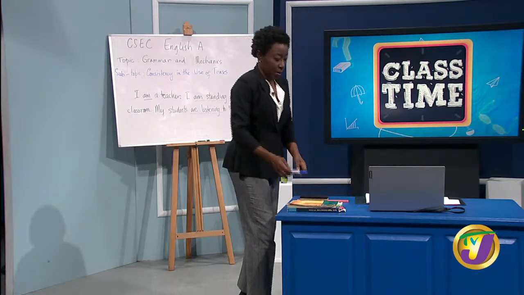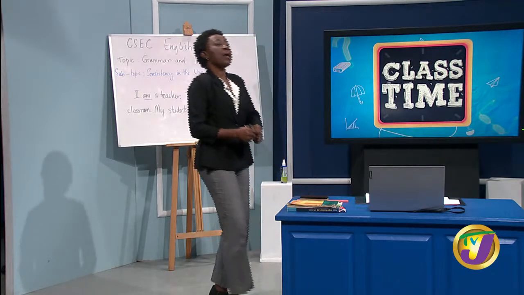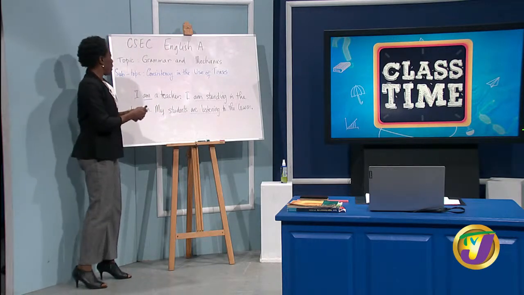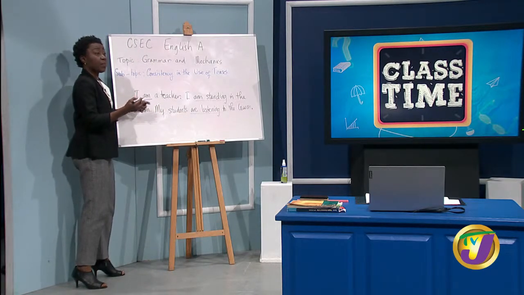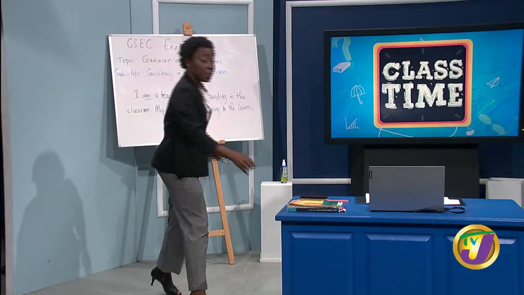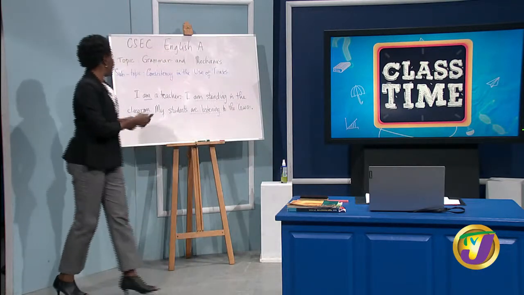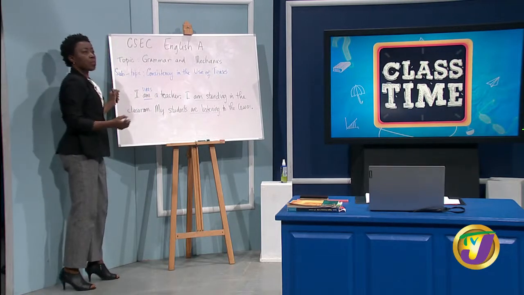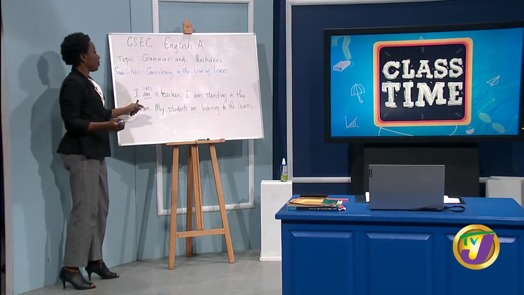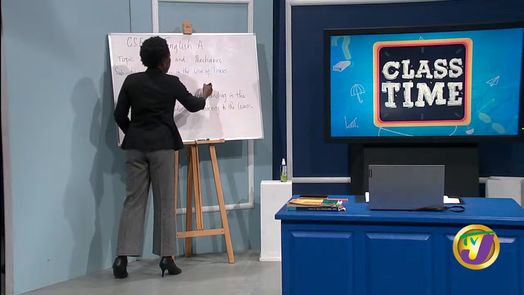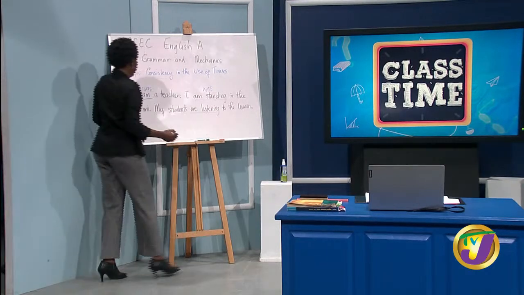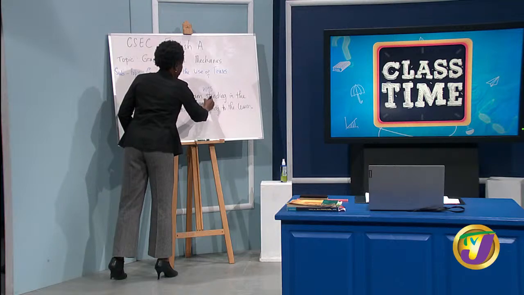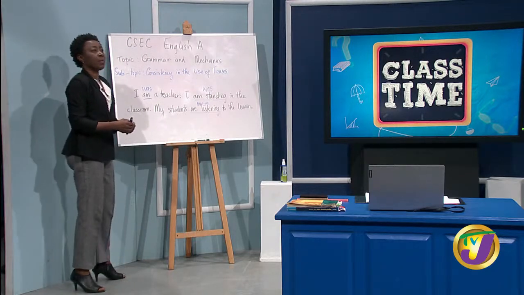Now, suppose I were to write this in the past tense. I would say that, let me use the other color marker, I would say that I was a teacher and I was in the classroom and my students were listening.